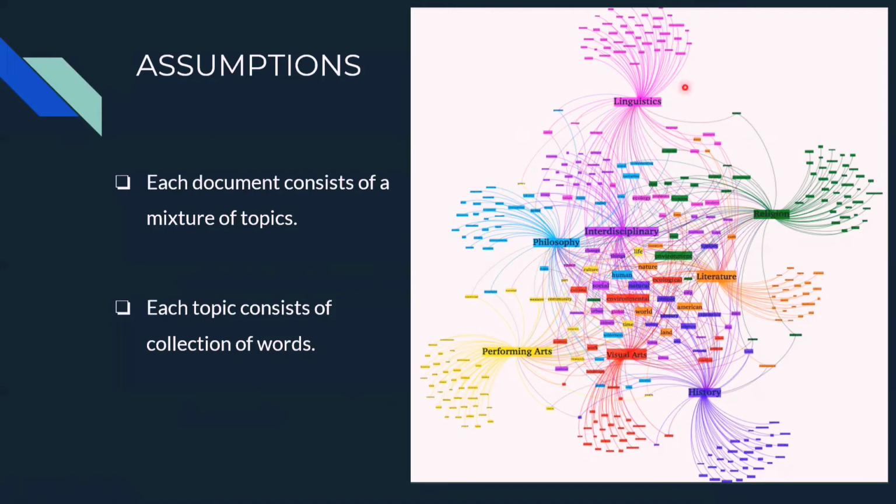And these are coming from a document. This is completely a document, and from that we have a mixture of topics. Those are the two assumptions for topic modeling. And to do this kind of process, we follow a technique called latent Dirichlet allocation, the full form of LDA.